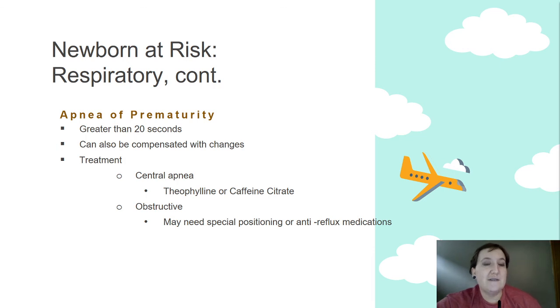These infants might need some special positioning, which might just mean up at 30 degrees for 30 minutes or 30 to 45 degrees after they eat, and/or some anti-reflux medications. We also might do some changes in their formula. Breast milk babies do really well with reflux because breast milk leaves the GI system so quickly, whereas formula can take a little bit more time to be absorbed, causing some issues.